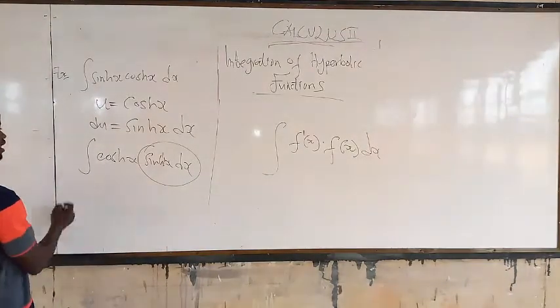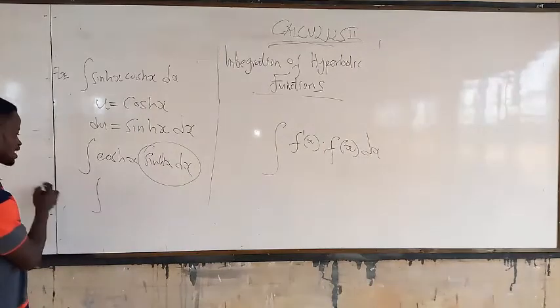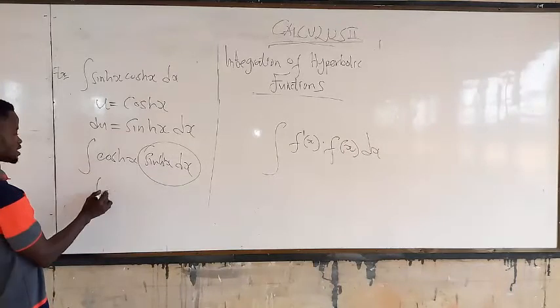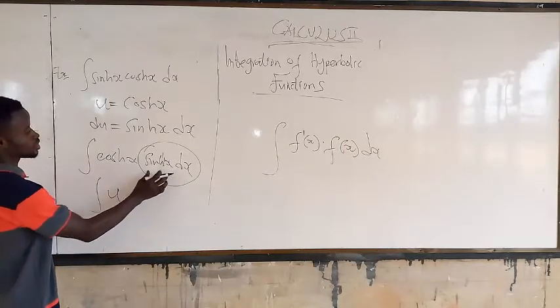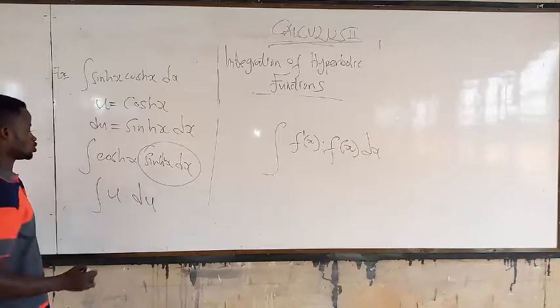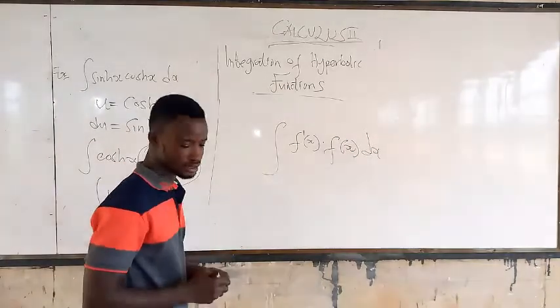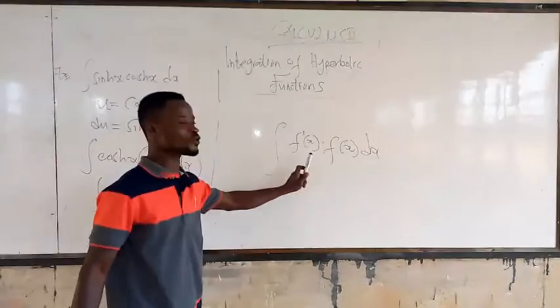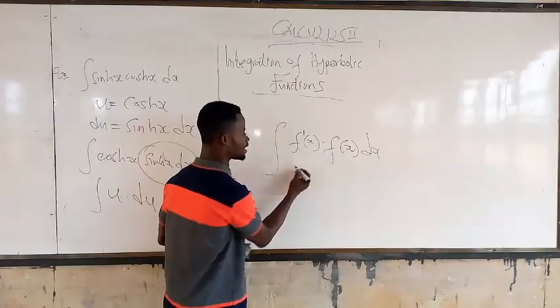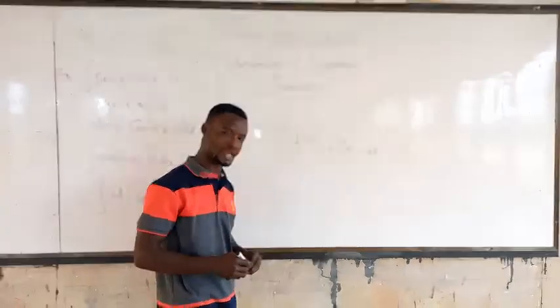So having this, we know that u times the whole of this is du. And in fact, please don't forget this concept. Sometimes you see it dividing, sometimes you see it multiplying. It's still the same thing.